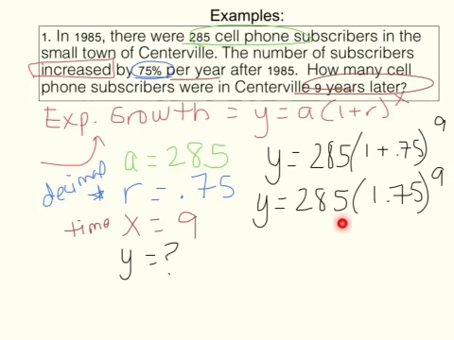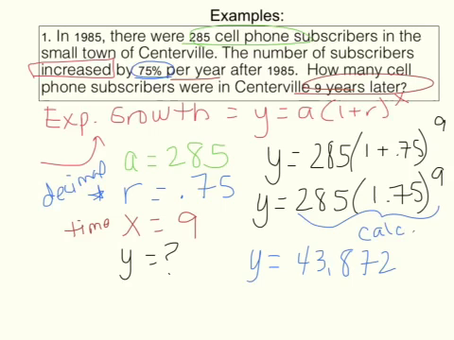Now, because I'm not missing any variable over here, I can plug this into my calculator and find my answer. And I get that y equals 43,872. So what that means is after 9 years, I started out with 285 subscribers, but now I have 43,872 cell phone subscribers in the town of Centerville.